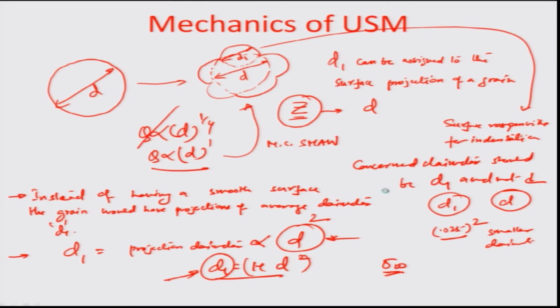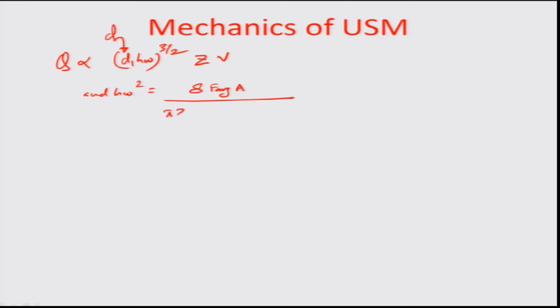So, let us now go back to the material removal rate equation, which talks about Q to be proportional to, in this case it has to be d1 h w to the power of 3 by 2, obviously because the d gets replaced by d1 here, which is actually the projection which participates or interferes with the surface in order to produce the material removal, times Z times the frequency of the tool head, and h w square comes out to be equal to 8 times the average force times amplitude A divided by pi Z d1 h w times 1 plus lambda.